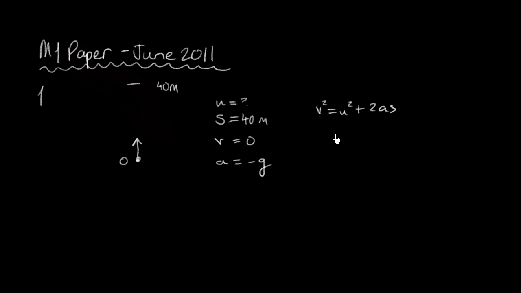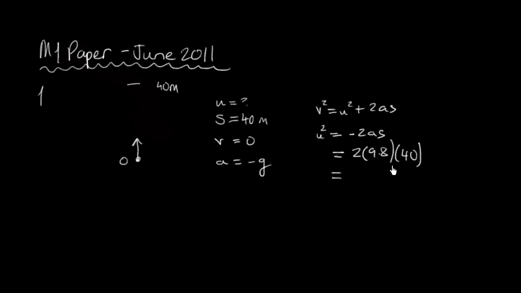Okay, so here we're going to find out u, so we rearrange. It's equal to v squared minus 2as, but v is 0, so we have minus 2as. A is negative, so that's going to be 2 times 9.8 positive. The negative cancels the a with this minus, and then times 40 meters.